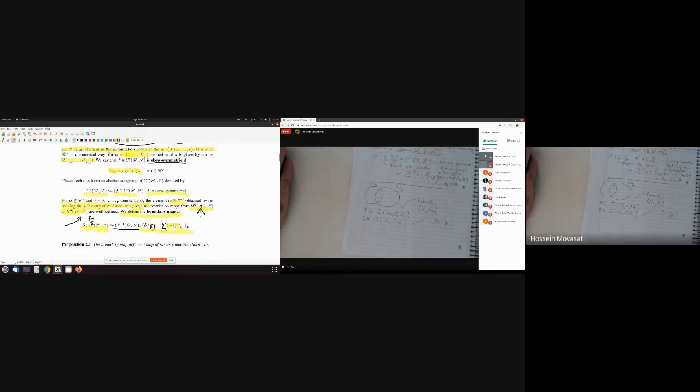But okay, I think this familiarity can be obtained a little bit by trying to do some exercises and also returning back a little bit to the singular homology context.